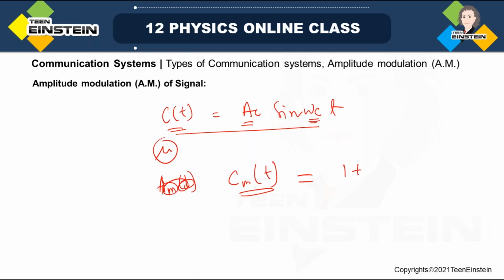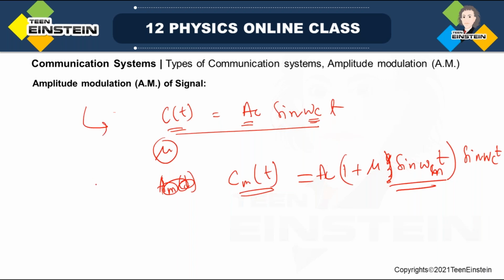What you have to do is Ac into (1 plus mu sine omega m t) into sine omega c t. Okay, this part we'll discuss in the next class, on Sunday.